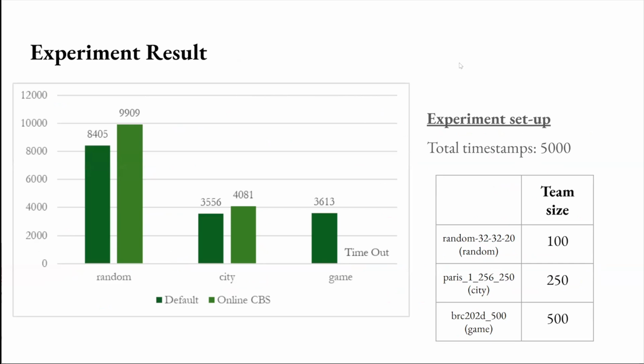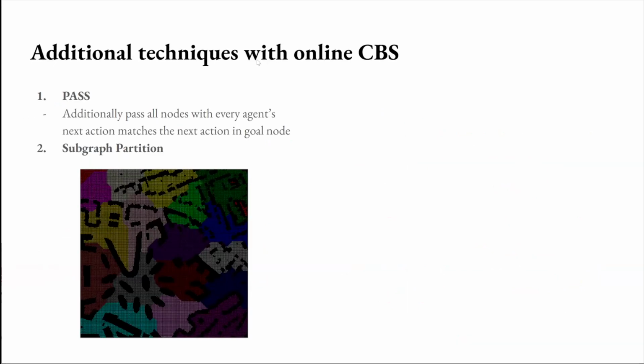So to address this timeout, we think of two extra techniques with the online CBS, the first one being the pass technique, where in our original algorithm, we only pass the goal node to the next step. But with this pass, we also consider nodes with the next action that matches the next action in the goal node.